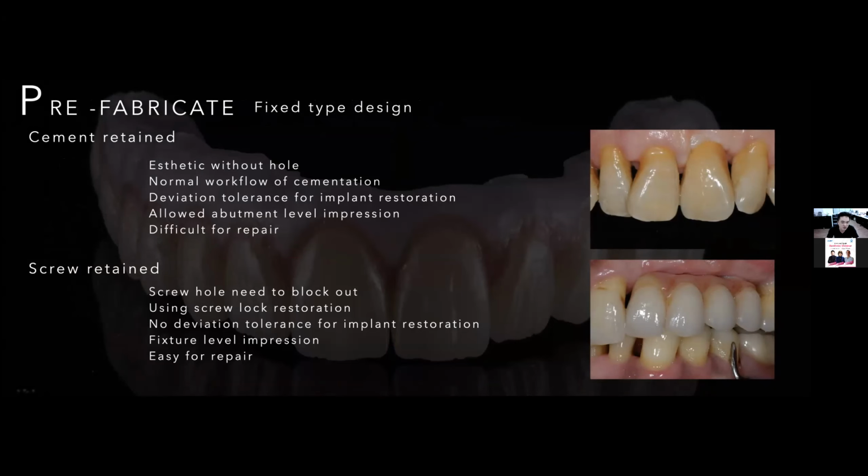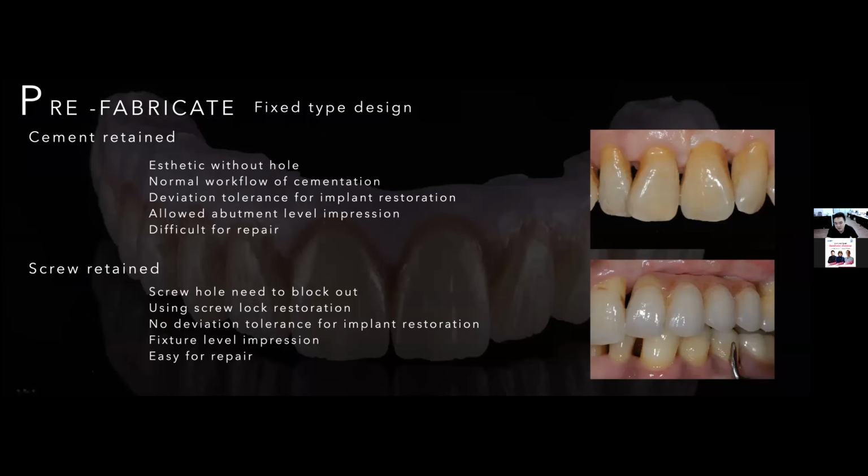Dentists can use the abutment level impression, like the normal natural teeth restoration impression, and they can also use the fixture level impression. The advantage of the cement retain is that it is more aesthetic without the screw hole, and the workflow is easy.